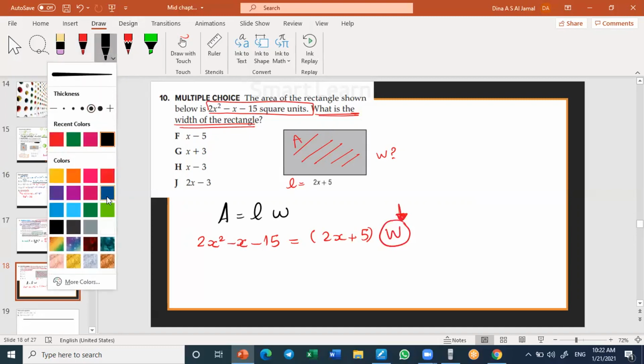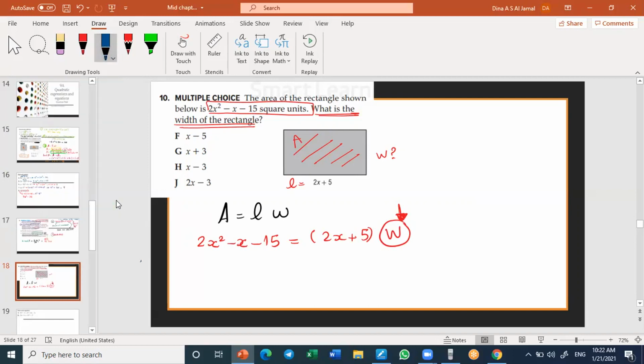At the same time, it's like you will be dividing both sides by 2x plus 5. So let's now think of factors of 2x squared minus x minus 15.